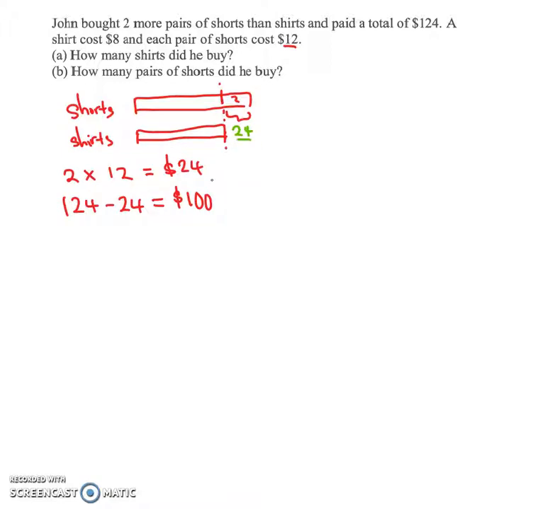Now this is 24. So altogether, it's 124. So you minus away this 24. That means this part is 100. The second part is the same. You have 1 shirt plus 1 short equals 20. It's the same solution as the question above. So I want you to try this out yourself.